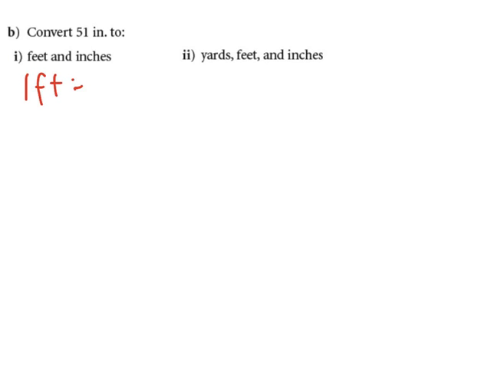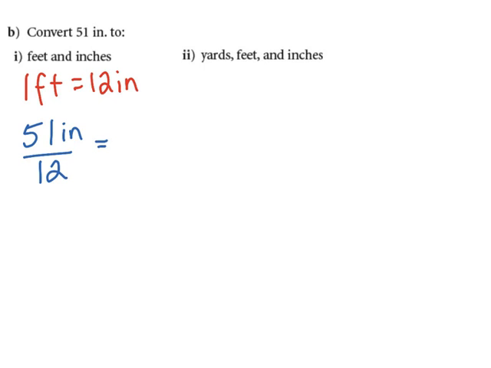And common mathematical sense dictates that if we have 51 inches, this would equal less than 51 feet, because 1 foot is way greater than 12 inches. So in this case, what we're going to do is divide 51 inches by 12. And the result is 4.25.